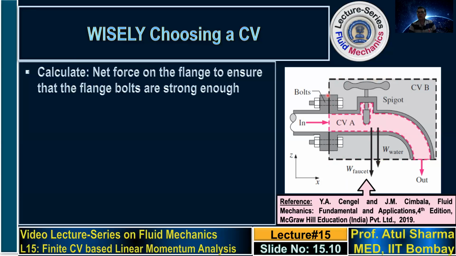So on this portion of the surface of the black control volume, the pressure is atmospheric, and that's the only surface force. Here again, at the outlet of the tap, the water is coming out at atmospheric pressure.